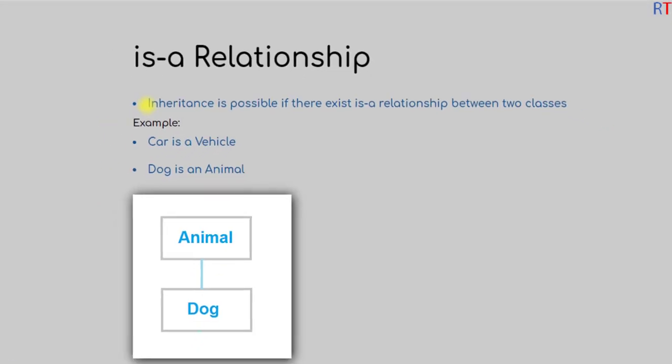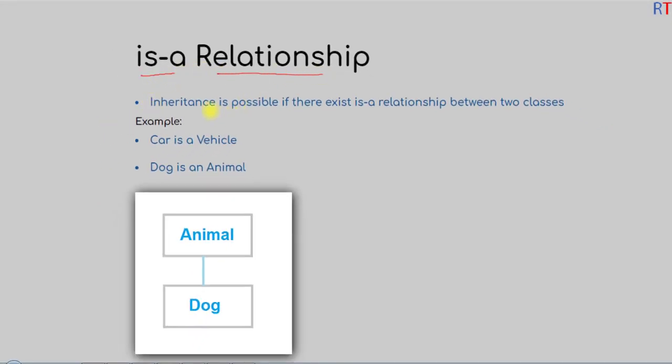So now we're going to talk about the is-a relationship. Inheritance is possible if there exists an is-a relationship between two classes. Like in the example, a car is a vehicle or a dog is an animal. Because there is an is-a relationship between animal and dog, we can have one base class as animal and one derived class as dog, and we can acquire the property from the animal class into the dog class.